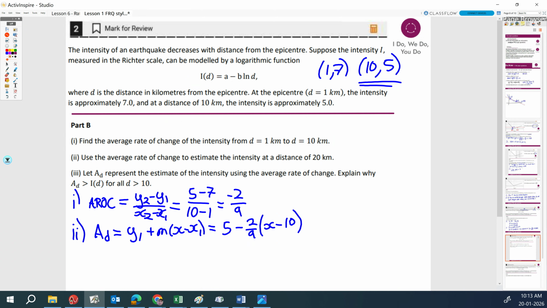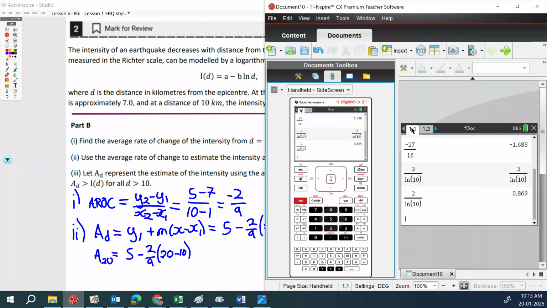So use the average rate of change to find an estimate at 20. If we want a 20, we are going to have 5 minus 2 over 9 bracket 20 minus 10. Let the calculator help us on this one. 5 minus 2 over 9 bracket 20 minus 10.